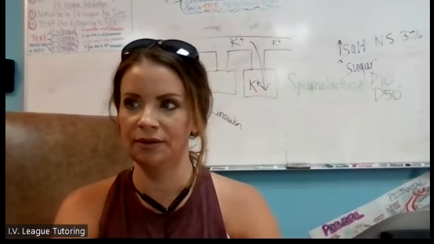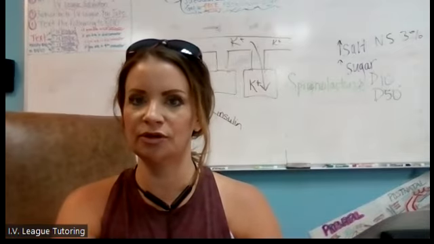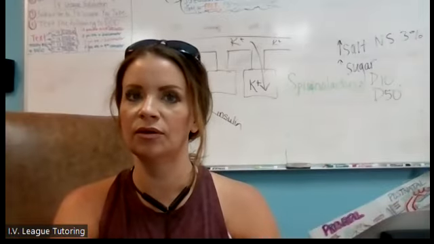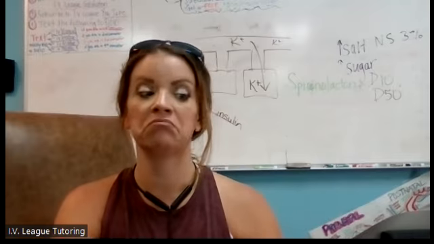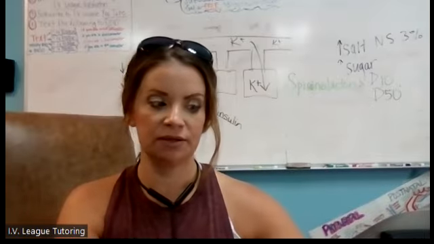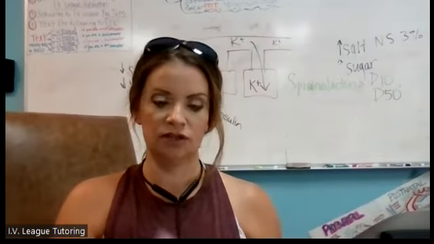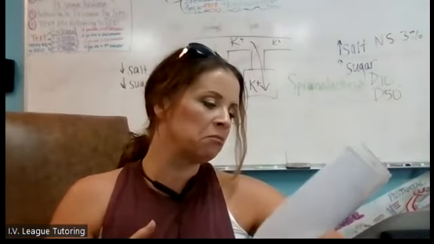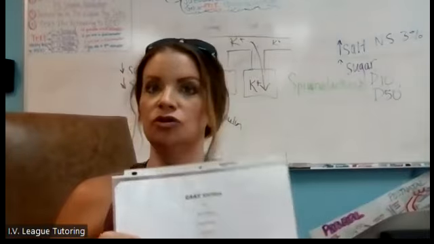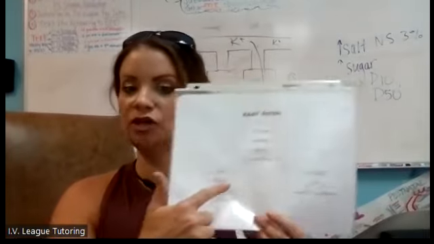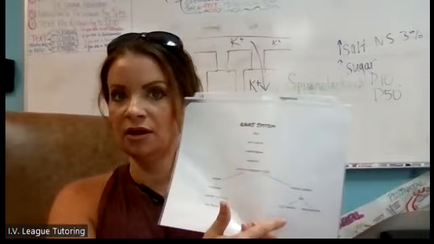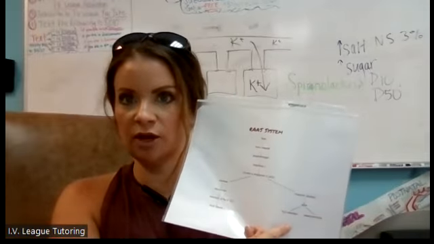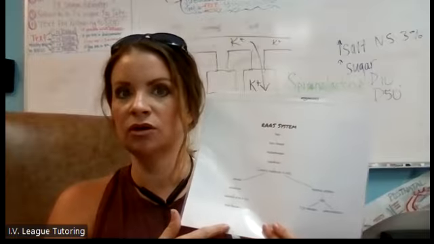Why would ACE inhibitors cause hyperkalemia? What is ACE? Angiotensin converting enzyme. If it's an ACE inhibitor, then it inhibits the enzyme, so it's not converting to angiotensin 2. And we had 2 cascades for angiotensin 2: aldosterone, which holds in sodium and water, and ADH, which holds in water.